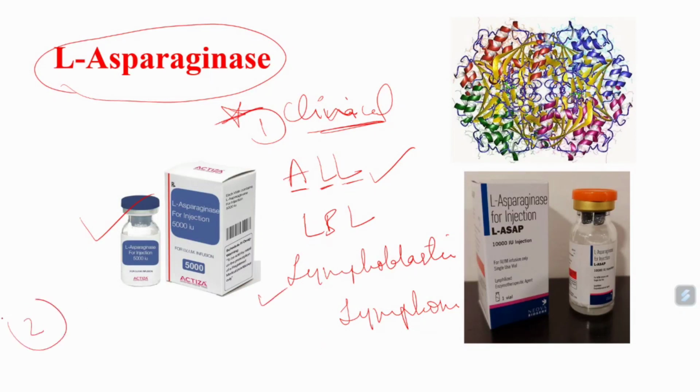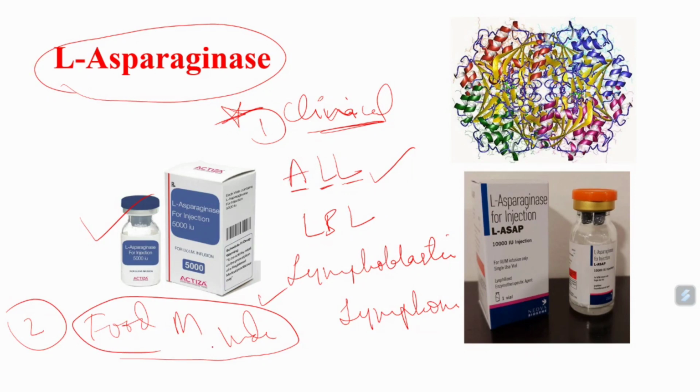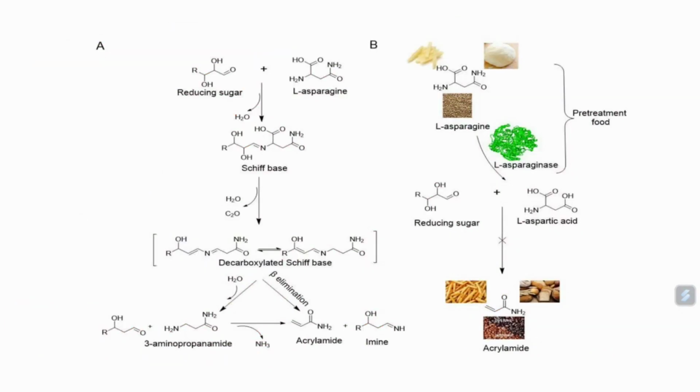And the second very important use of asparaginase is in the food manufacturing industry. In the food manufacturing industry, it has great importance. I'll try to explain its use. See, actually, the action of this L-asparaginase is that it will stop the conversion of L-asparagine amino acid into acrylamide.